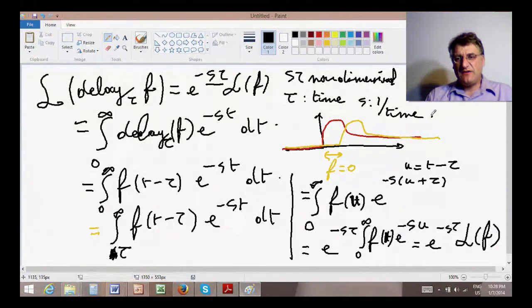And what that means is that indeed s has the dimension of a frequency. A frequency is something per second, like a number of blinks per second, a number of oscillations per second, a number of whatever per second.